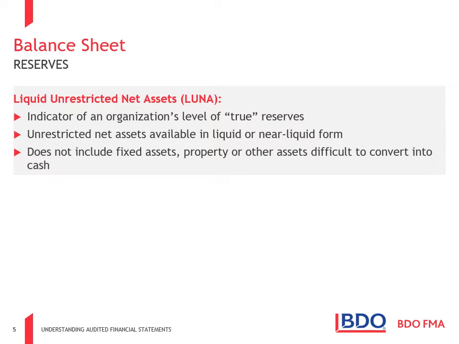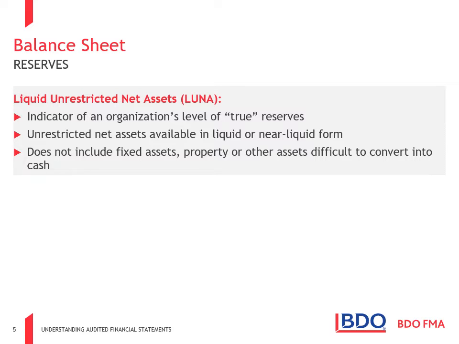So when we think in terms of our financial reserves, we're really talking about our LUNA, our liquid unrestricted net asset number. This is an organization's level of true reserves, the money that it can tap into to pay expenses, to use for working capital, to invest in new programs or opportunities, to weather potential downturns.